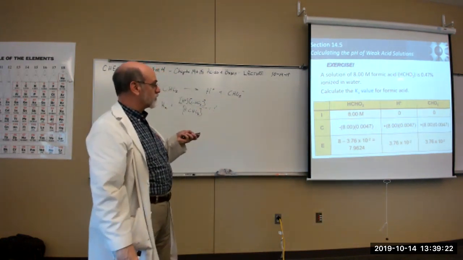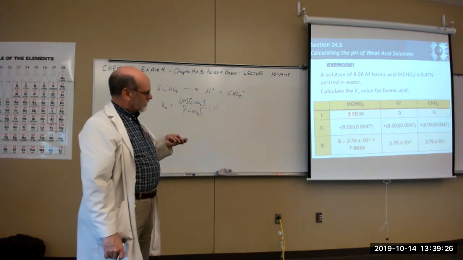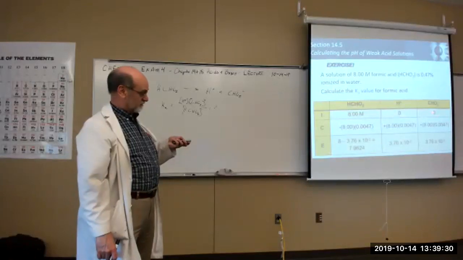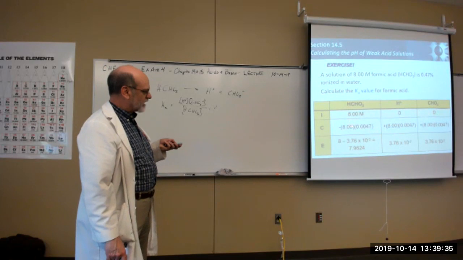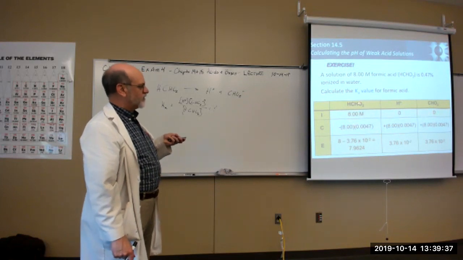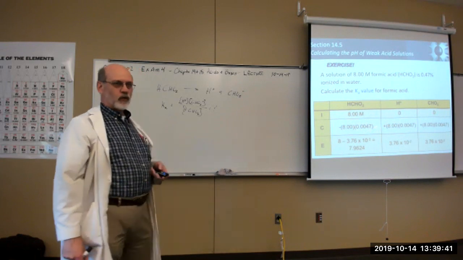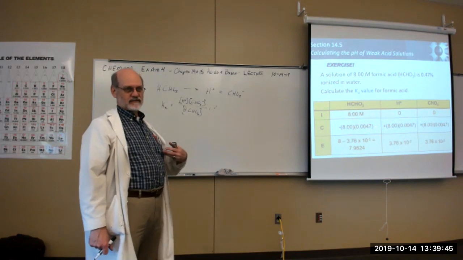Right? If we know this information is reliable, then we can start off saying, well, initial, we got none of these, but we know that the dissociation here, the change is going to be a loss of this one to that amount, right? 0.47% in decimals is 0.0047.